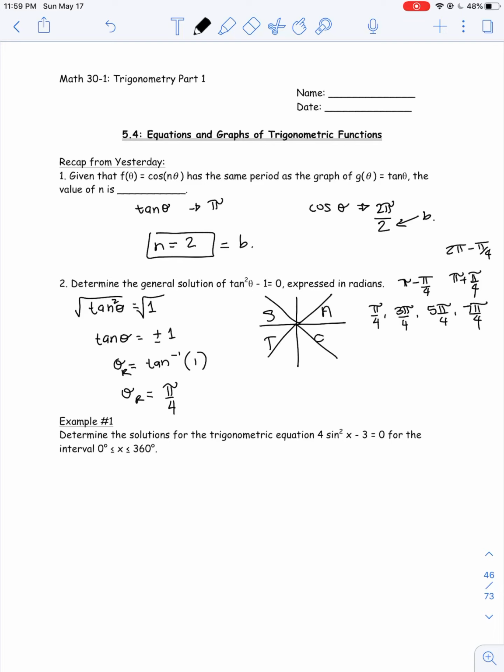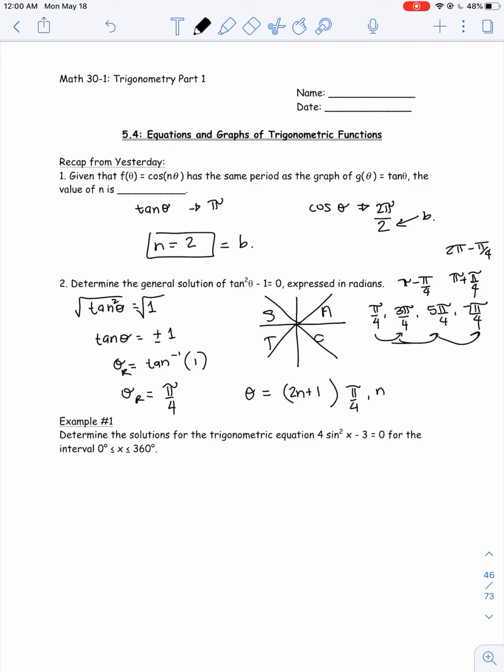So we need to figure out a way to represent all the solutions using all of these. How do I go from here to here to here, etc.? We can represent this using one general solution, where theta can equal pi over 4 multiplied by 2n plus 1.